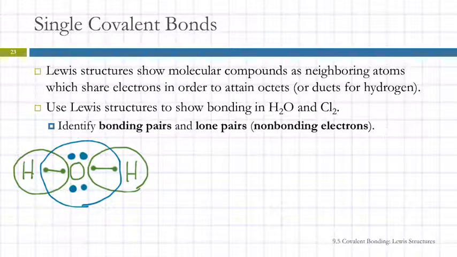They're called lone pairs because they're pairs that are lone. They're not between 2 atoms. So the lone pairs are the blue ones, and the bonding electrons are the green ones, the bonding pairs.